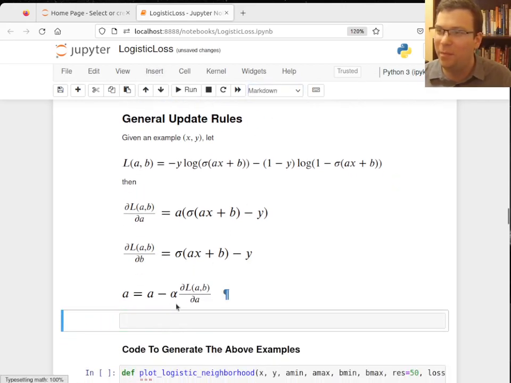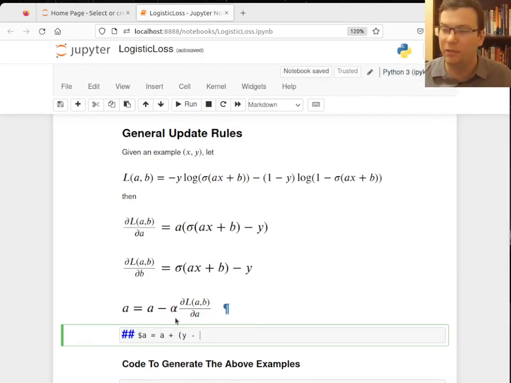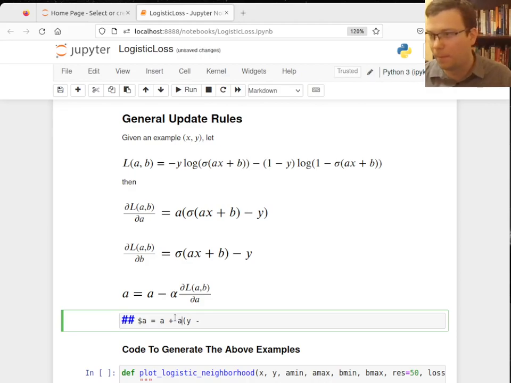It says a should be what a was before, plus alpha times a times y minus sigma of ax plus b.